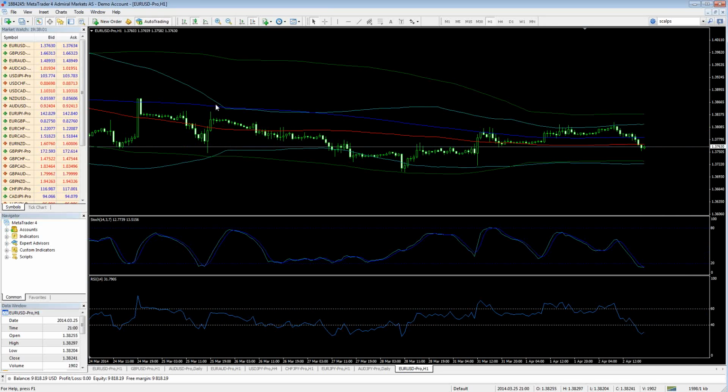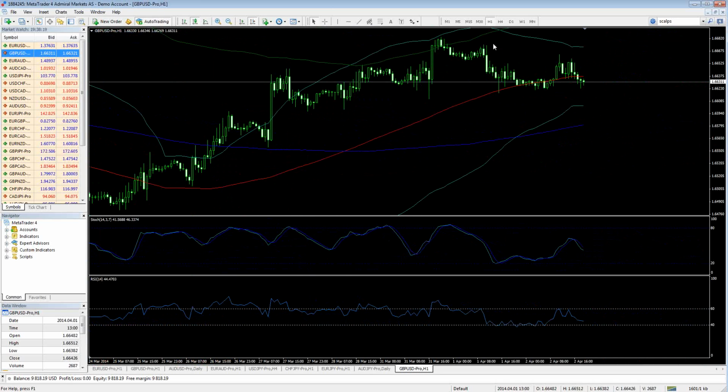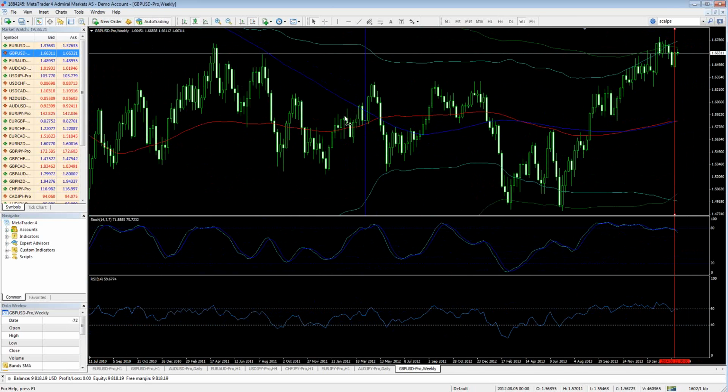This is almost a valid touch, but no reversal candle has been spotted. And you see also here, RSI shows it easily. Now let's move to, let's say, cable. First we determine weekly.